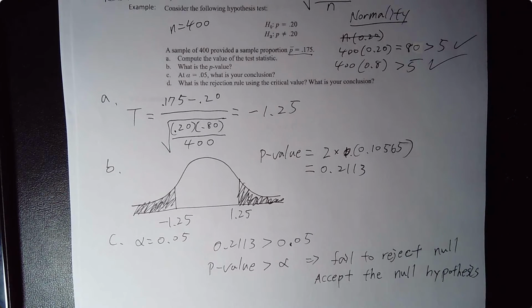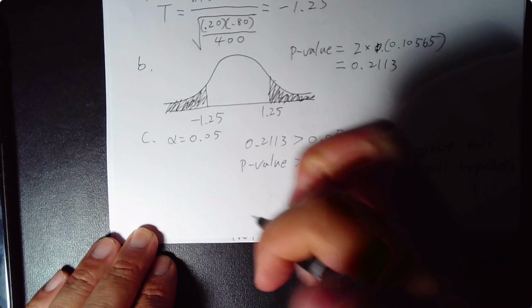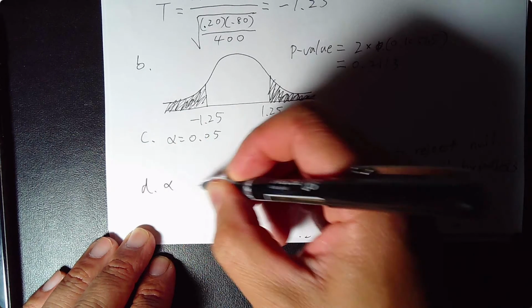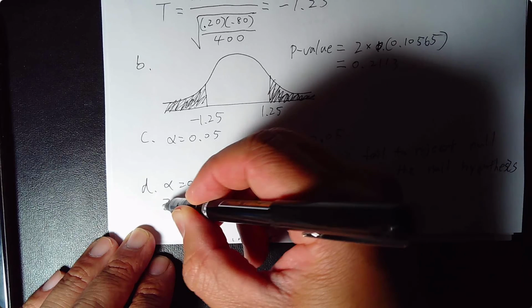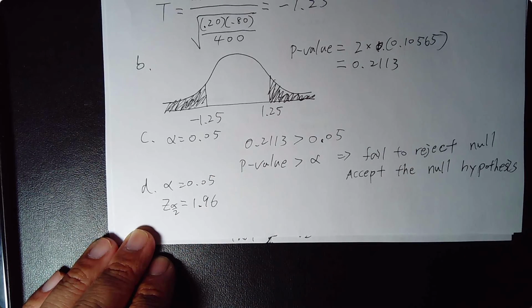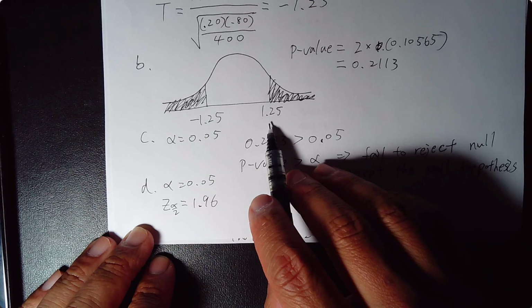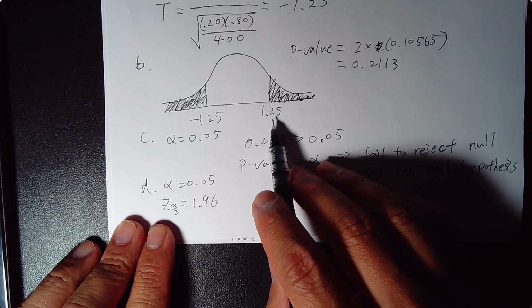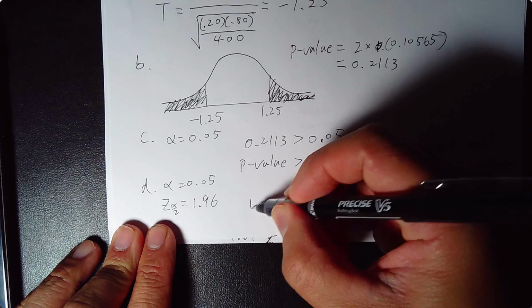If we are to use the critical value approach, then let's go ahead and find the critical value. Alpha of 0.05 means my z critical value is 1.96. We found that earlier. That doesn't change. Again, our test statistic is 1.25, which is clearly less than that. 1.25 is less than 1.96.